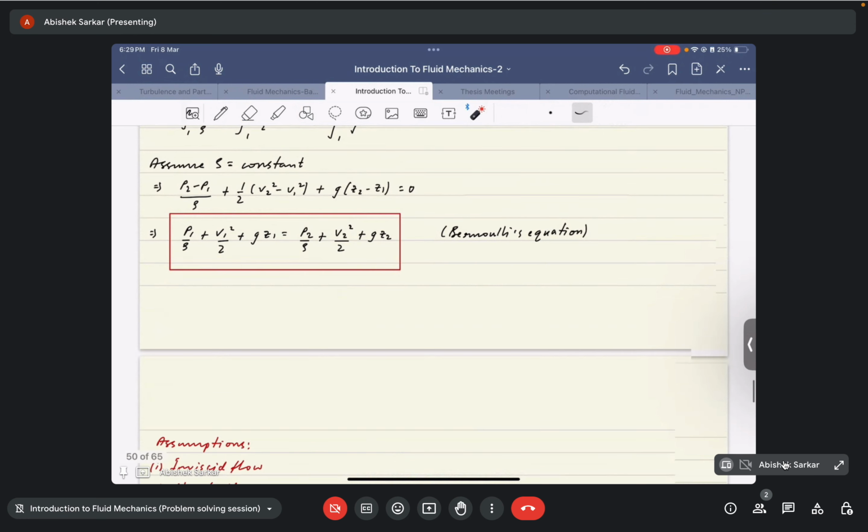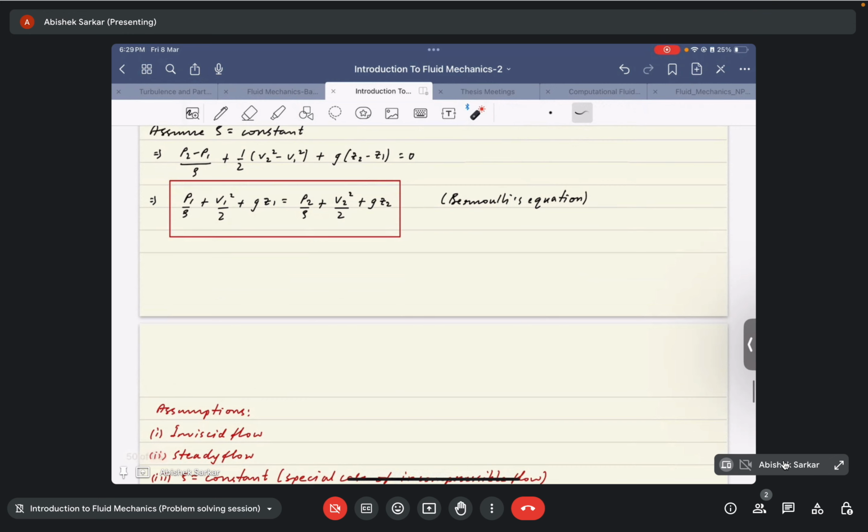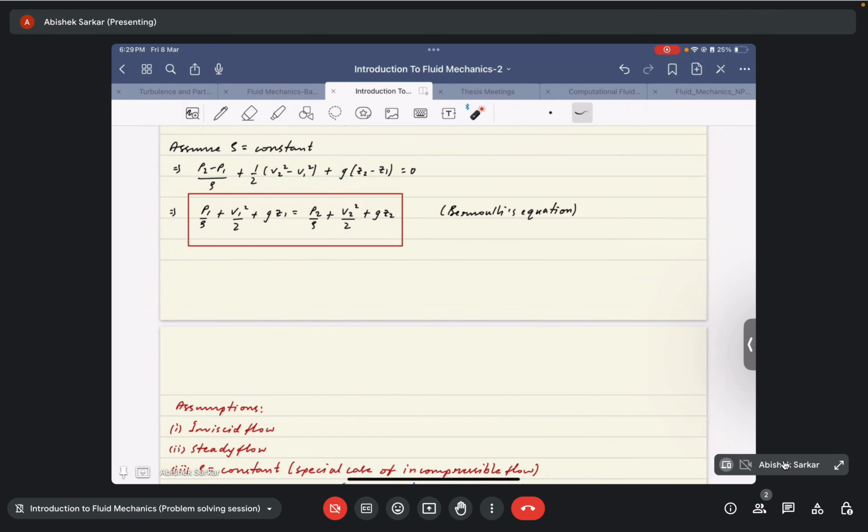So if we look, this is the form that we usually encounter while discussing fluid mechanics, that Bernoulli's equation is given by P1 by rho plus V1 square by 2 plus gZ1 is equal to P2 by rho plus V2 square by 2 plus gZ2. And we say that this is the equation that is used to find the pressure between any 2 points or velocity between any 2 points, or we just blindly use it in our lab experiments when finding the dynamic pressure, or while finding the flow rate using the venturimeter.